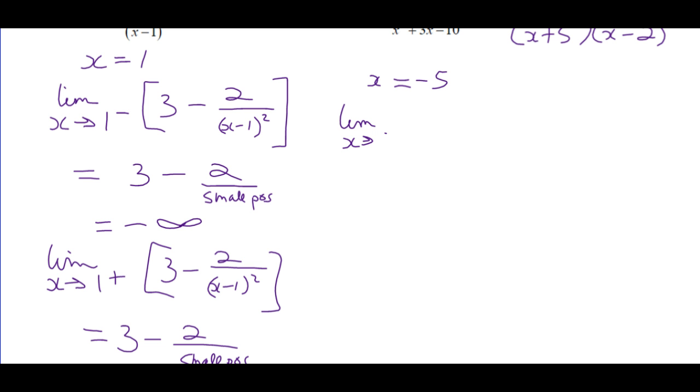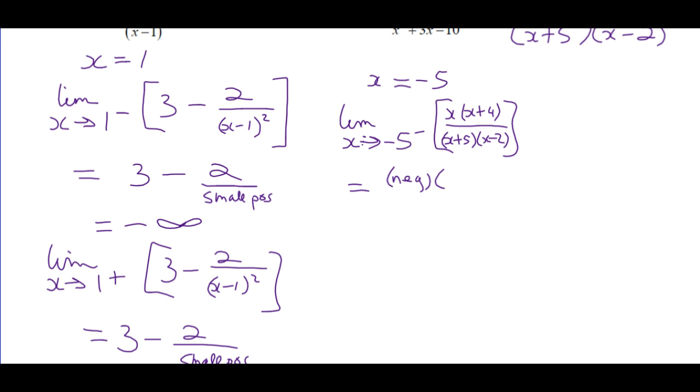as x approaches -5 from below of x times x plus 4 over x plus 5 times x minus 2. Okay, so if you approach -5 from below of x, that's negative.